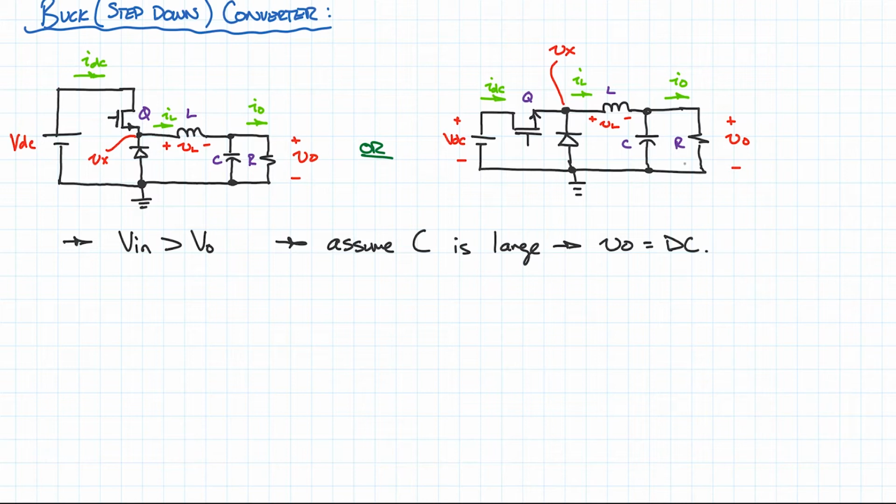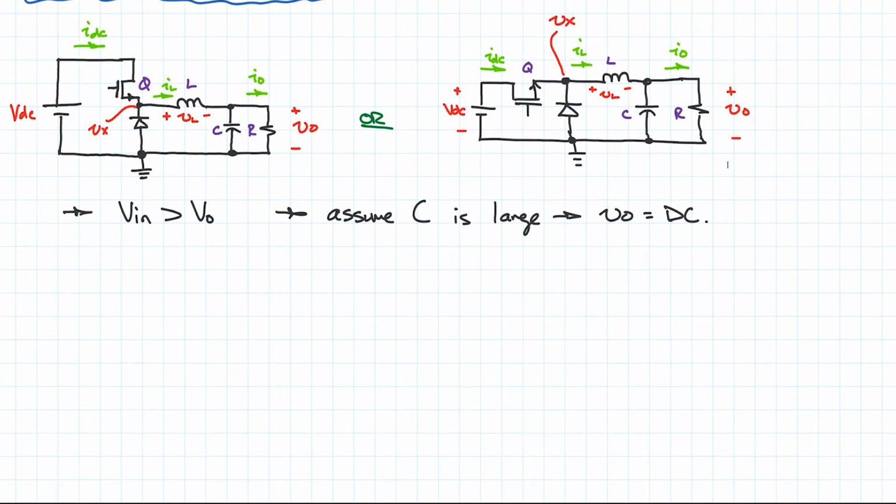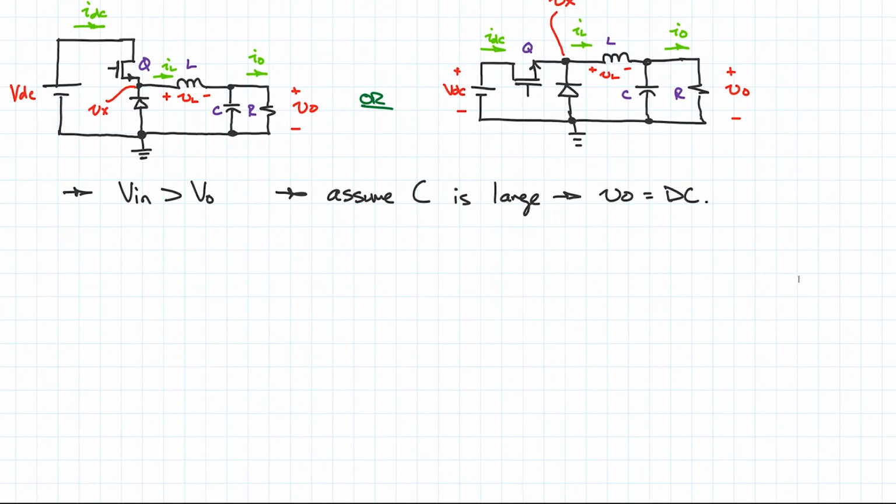But what we're saying here is that it's large enough, or we've designed it to be large enough, such that it filters out all the high frequency stuff, and VO is more or less constant. As a result, IO should be more or less constant because this is a resistive load. Voltage and current are basically the same waveform, just scaled proportionally depending on the value of R.